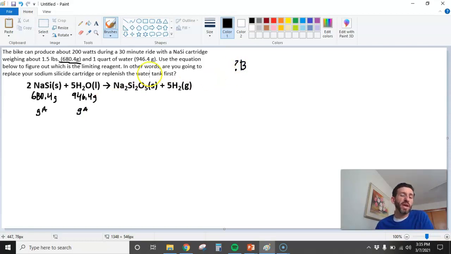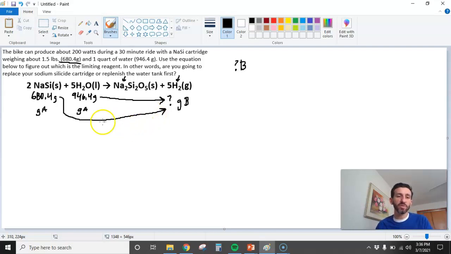Guess what? We get to pick. We can look for this or we can look for this. Hydrogen looks a lot simpler than this other molecule here, so I'm going to look for hydrogen, grams of B. I'm going to figure out how many grams of hydrogen this one makes and how many grams of hydrogen that one makes. The one that makes less is my limiting reactant.